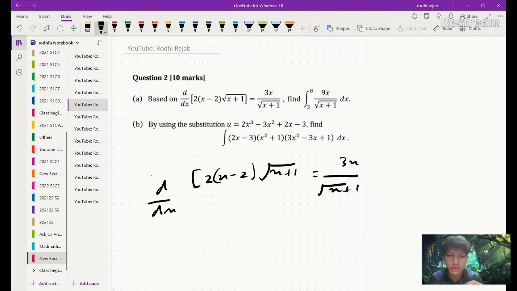So based on this equation, we know that if we differentiate this expression, 2x minus 2 times square root of x plus 1, we'll get 3x over square root of x plus 1.